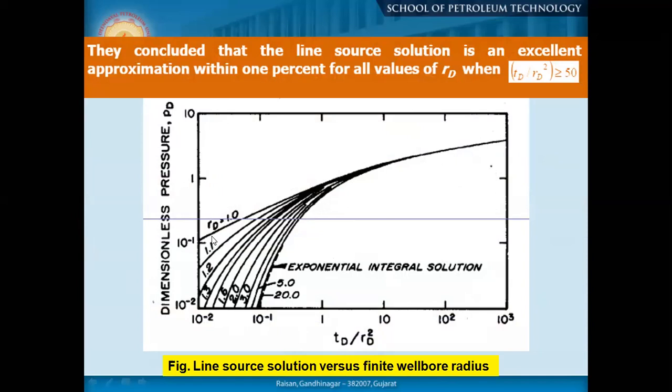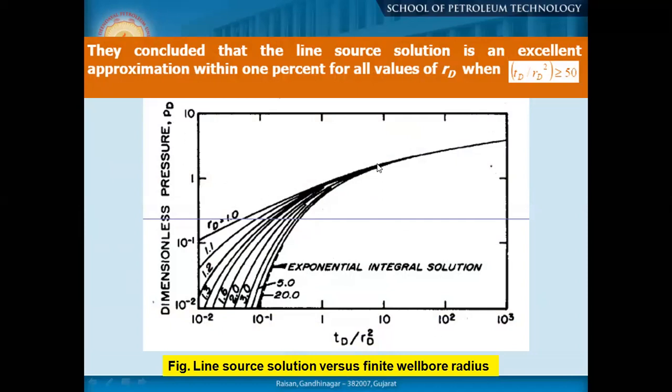So this is the exponential integral solution. You see that for the initial part, r_D values of, let's say, 1, 1.1, 1.2, 1.3, okay, this is dimensionless radius, they generally change. That means the dimensionless pressure will vary.